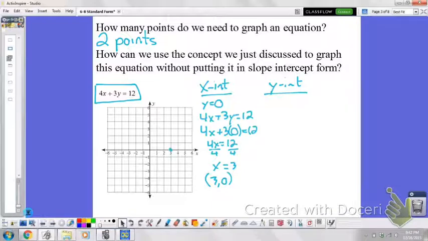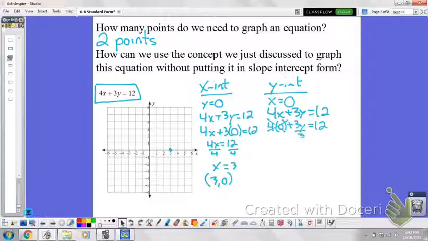(3, 0). Now to find my y-intercept, I know that x is equal to 0. Again, I use my equation 4x plus 3y equals 12. This time I'm going to substitute the 0 in for x. So 4 times 0 plus 3y equals 12. 4 times 0 is just 0, so don't worry about that.